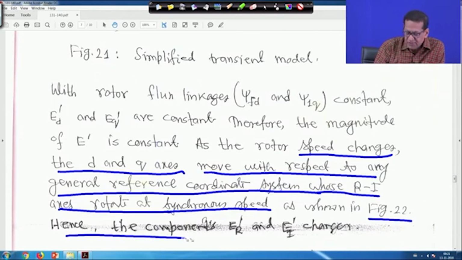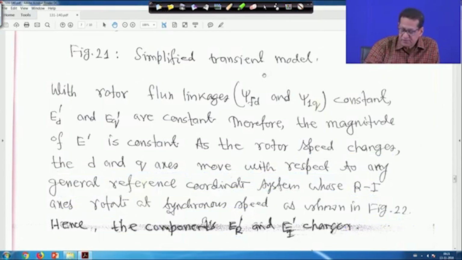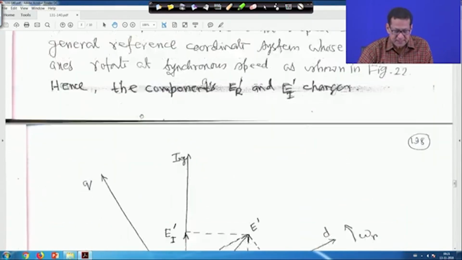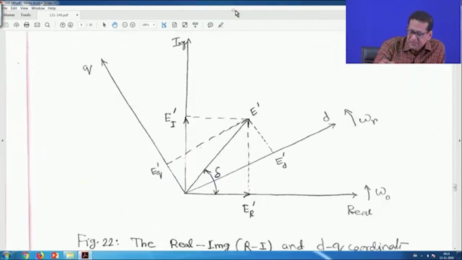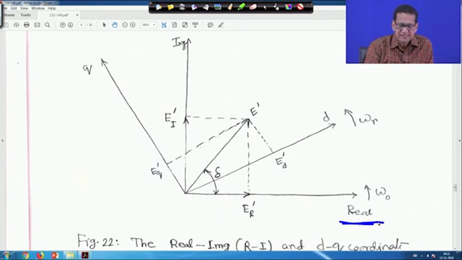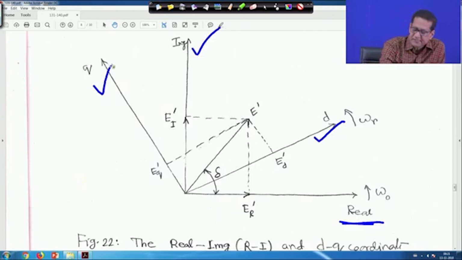Hence, the components E_r' and E_i' change. So, that means this is my real axis and this is my imaginary axis, and this is our d axis and this is q axis, and this is the omega_r.